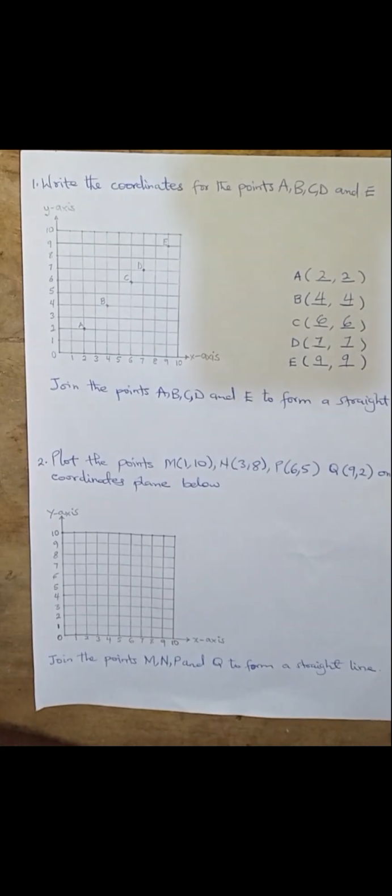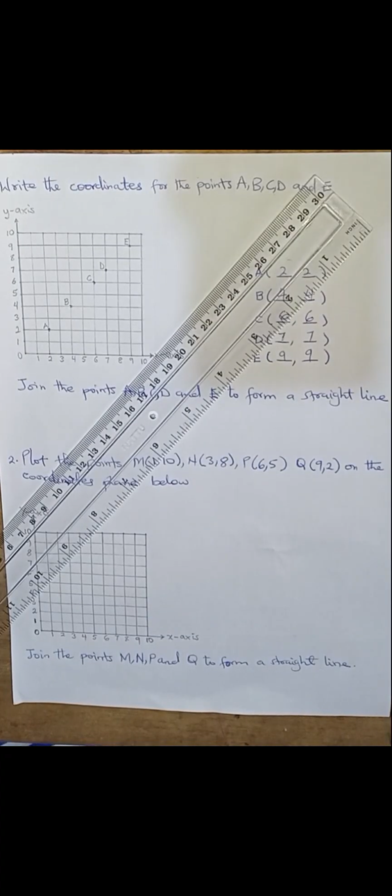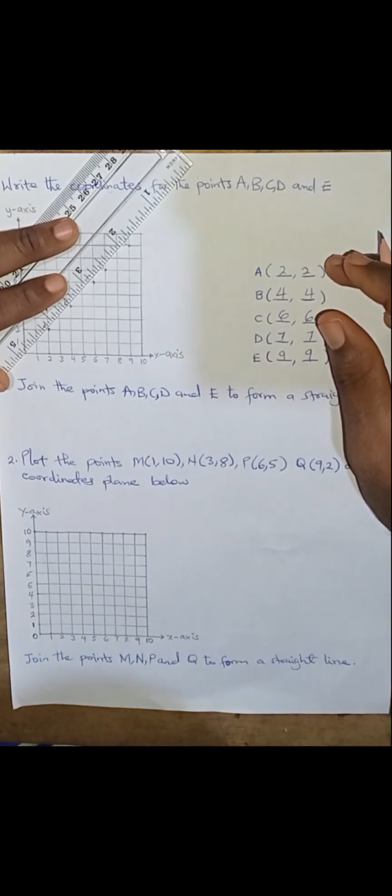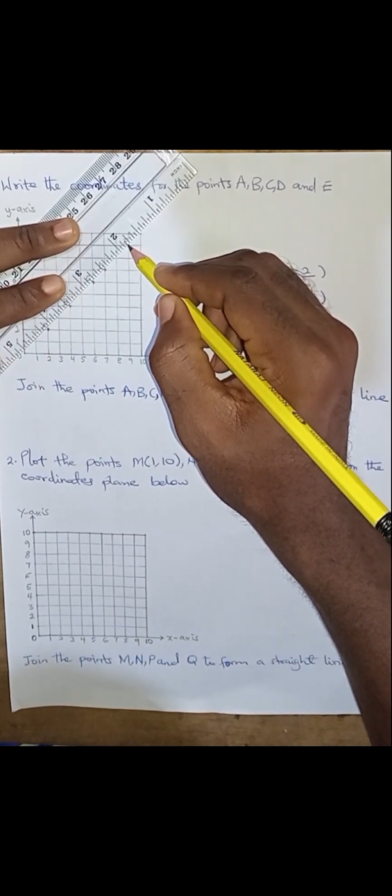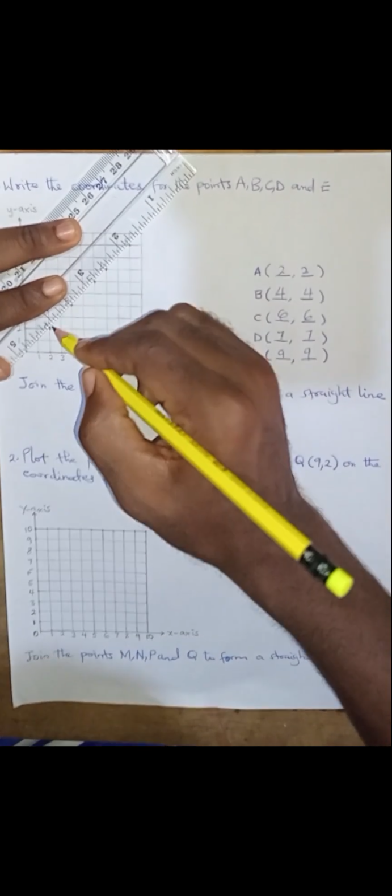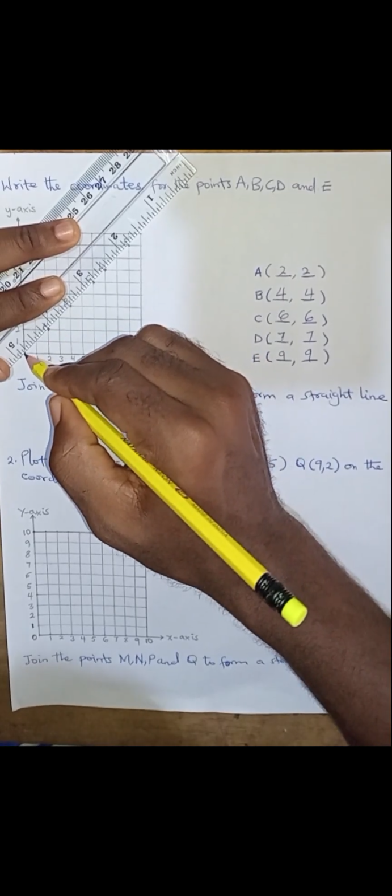Join the points A, B, C, D, and E to form a straight line. Okay, so we are going to join these points to form a straight line. So I have my ruler here. Just simply join the last point to the first point.